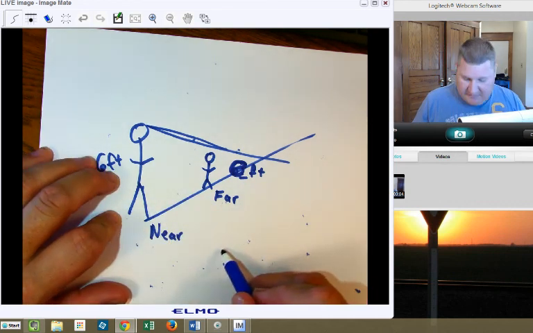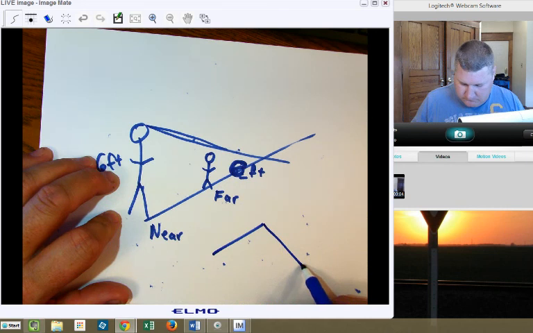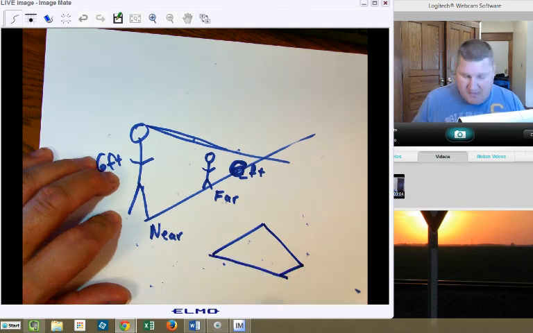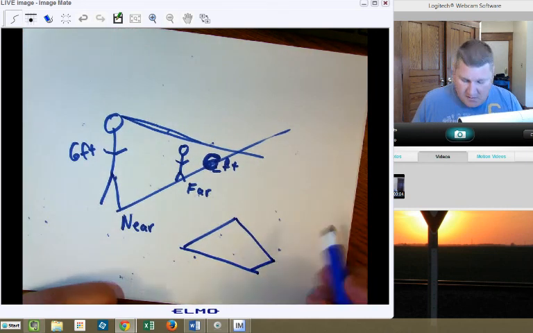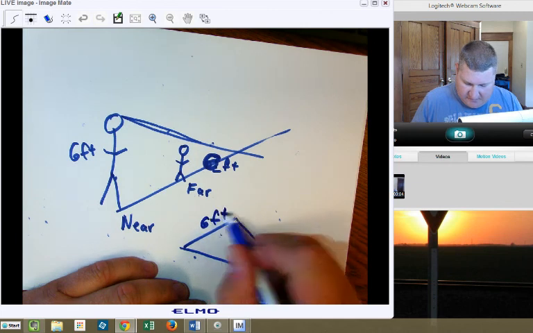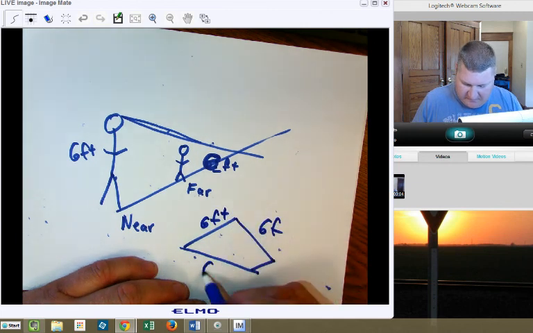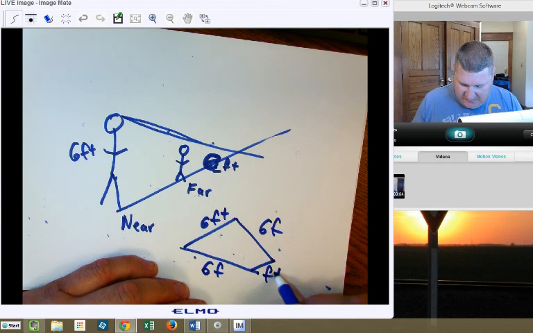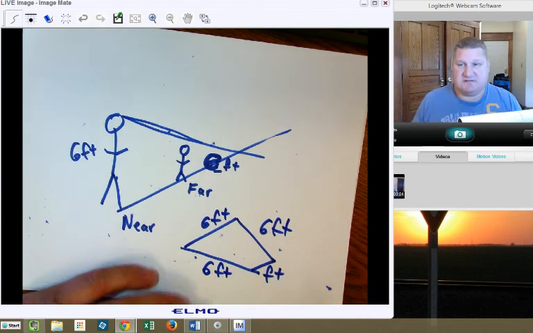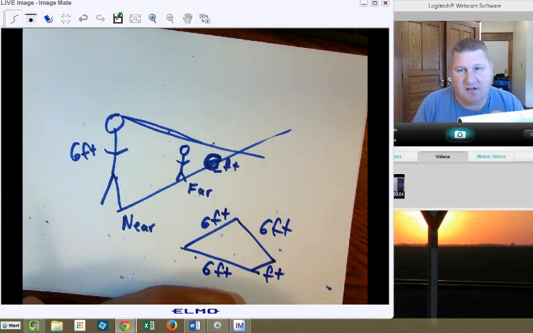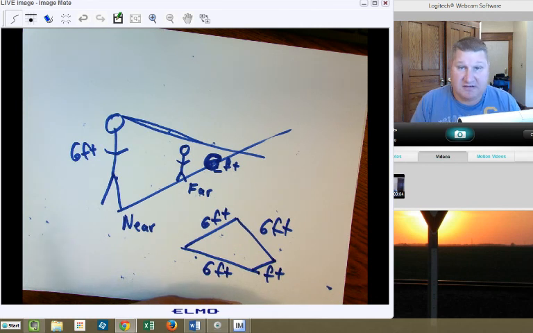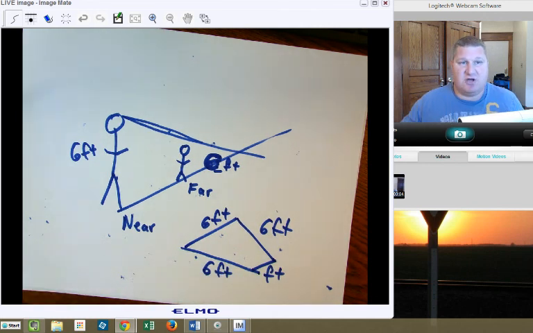In practice, this could be the same length, 6 feet, 6 feet, 6 feet, and 6 feet. It all depends on how it's labeled. If I label them all as 6 feet, then they are all indeed 6 feet. So that's something to think about when we're talking about congruence.